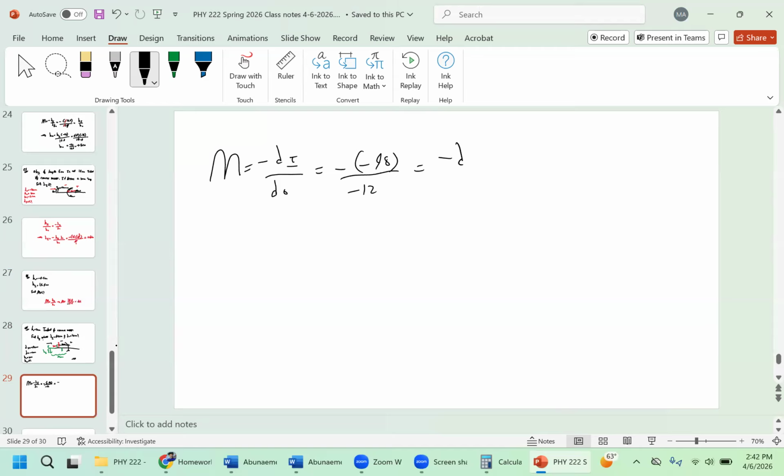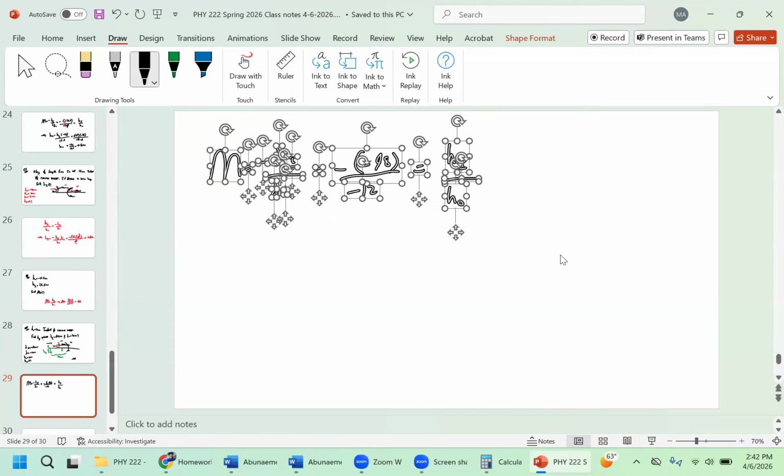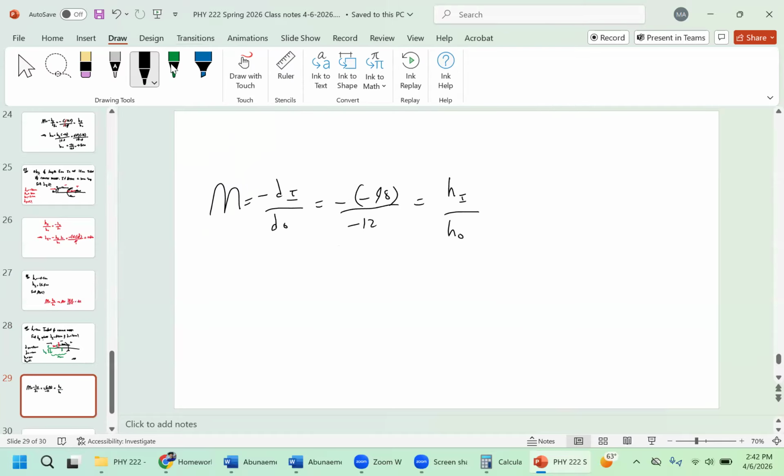Let me go ahead and write down the equation. M equals minus DI over DO, which equals the ratio of the heights, HI over HO.